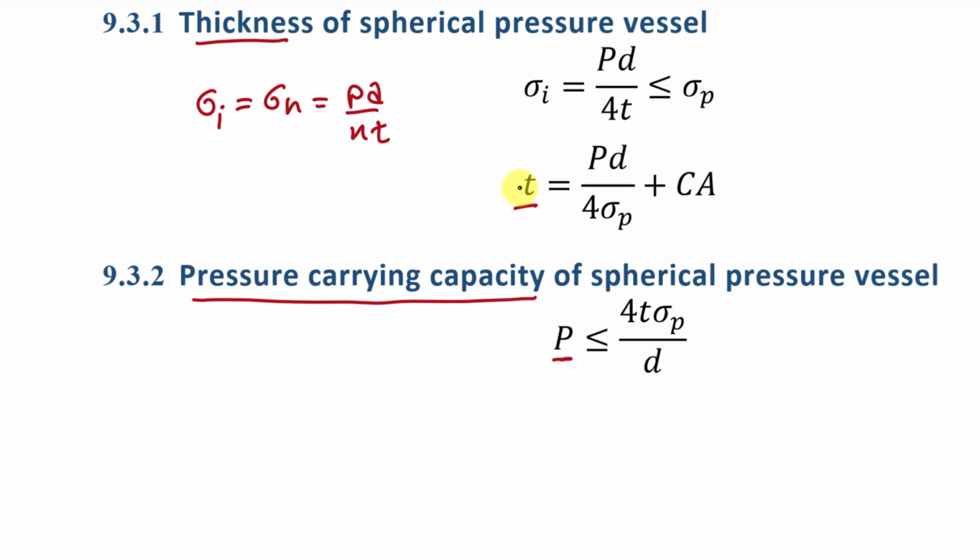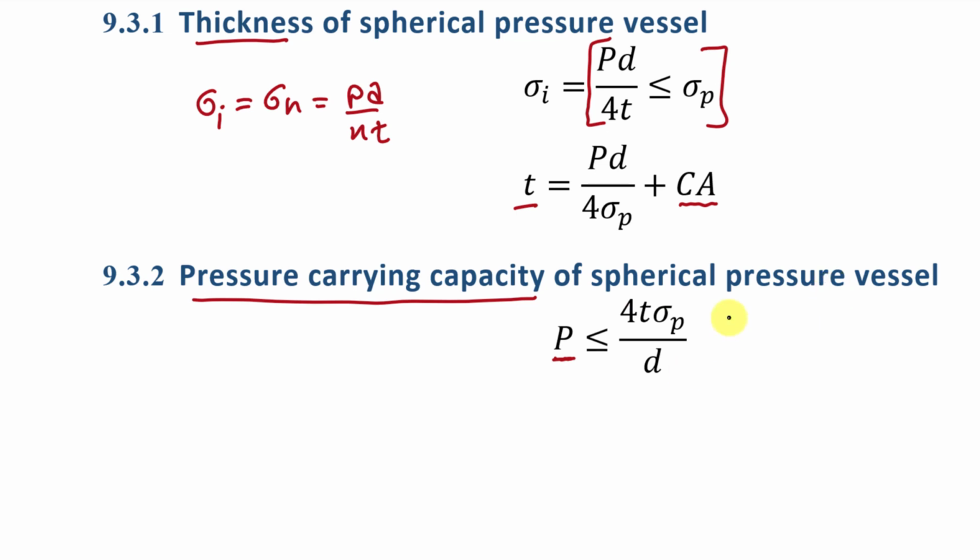So if you find thickness, then it will be PD by 4 sigma P. And if corrosion allowance is given in the question, then you have to add here. Fine. So you have equation of thickness for spherical pressure vessel. And similarly from here you can find out pressure, and that will be pressure carrying capacity for spherical pressure vessel. Fine.